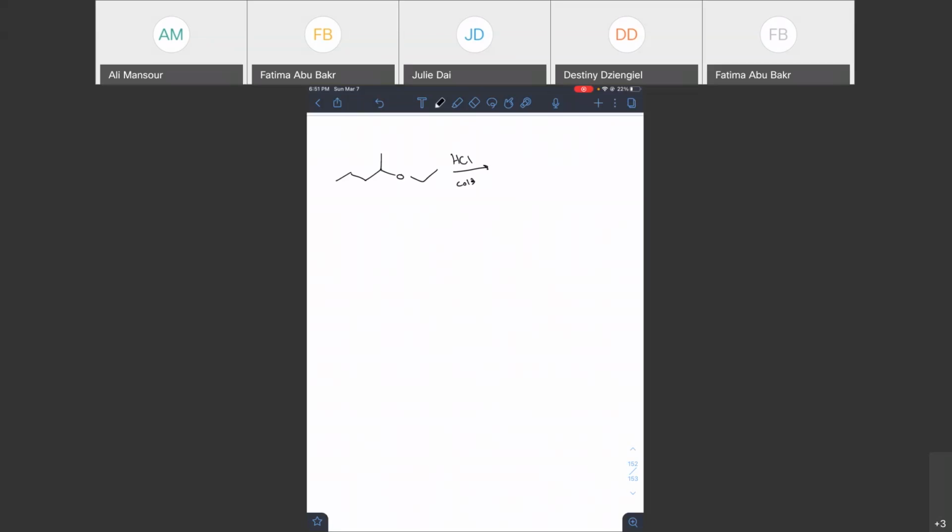Okay, so HCl and it being cold. What that leads to is kind of a reversal of our esterification. So what happens is that the OH and that other thing break off from each other, right? So the OH is going to stay to the left, and our Cl is on the right.